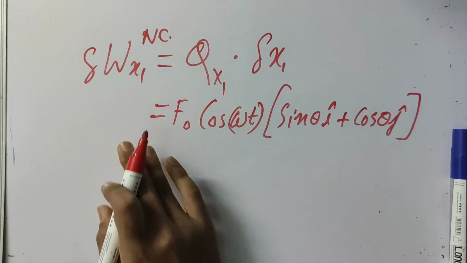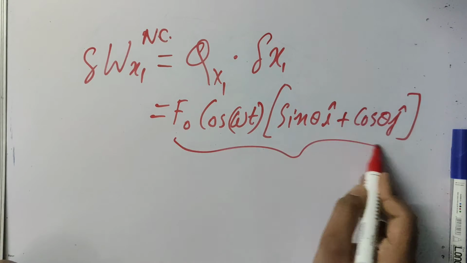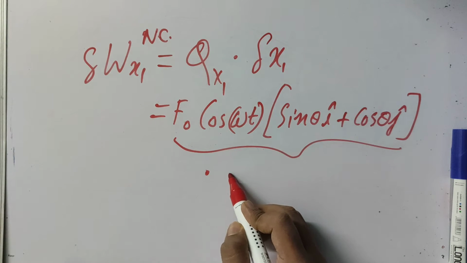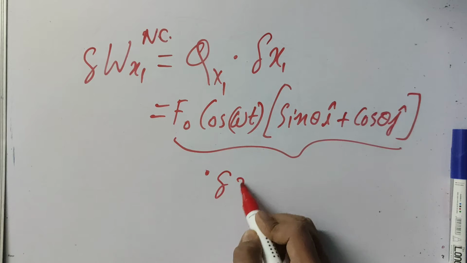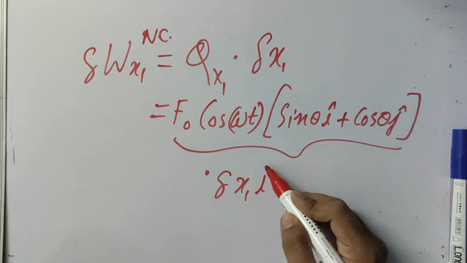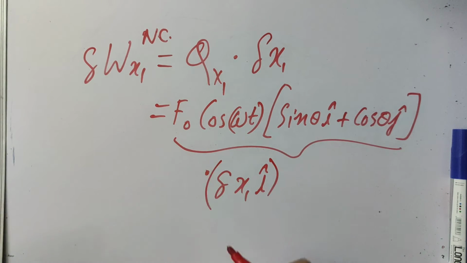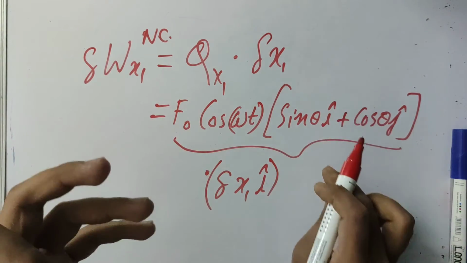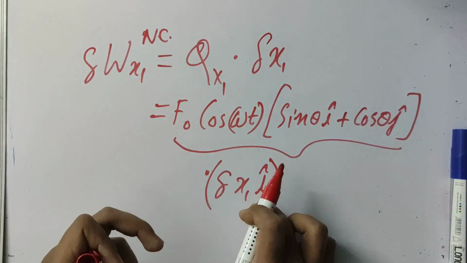And this whole expression of force vector is dotted with our del x1, and x1 is in the i direction. Now what is the dot product? i dot i is the same expression, you just get the multiplication, i dot j is 0.